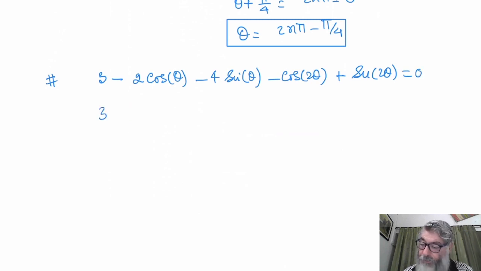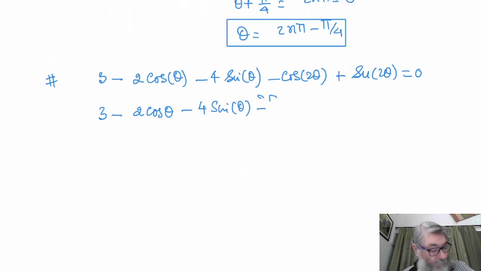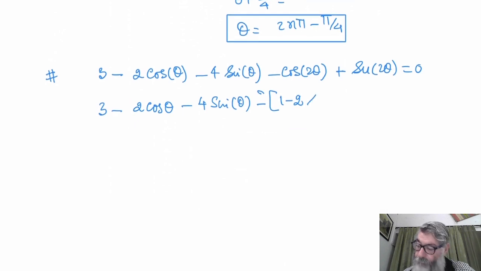3 minus 2 cos theta minus 4 sin theta minus cos 2 theta means 1 minus 2 sin square theta, plus 2 sin theta cos theta is equal to 0.